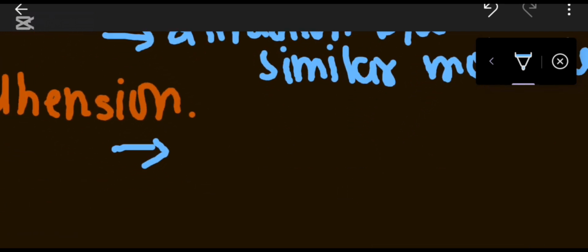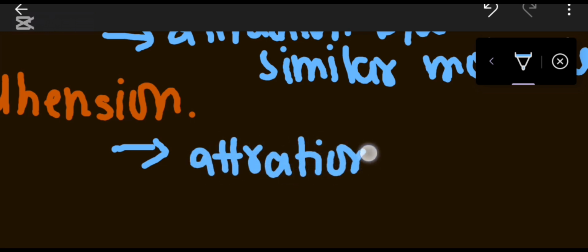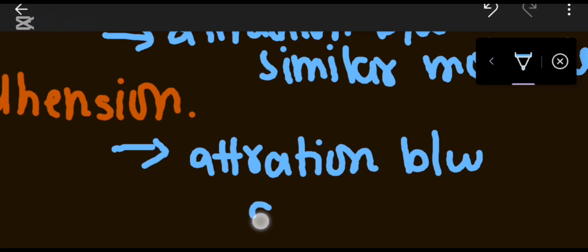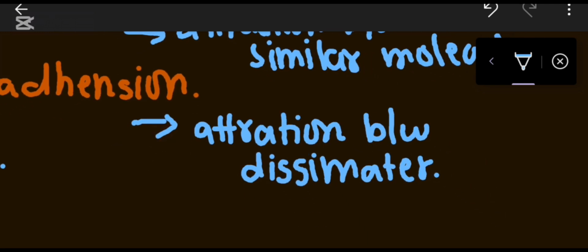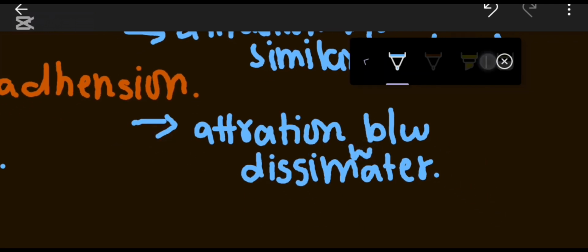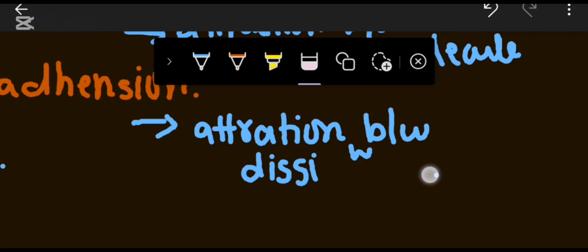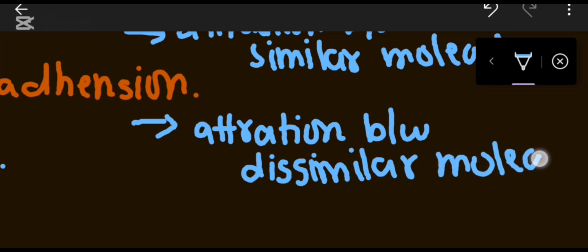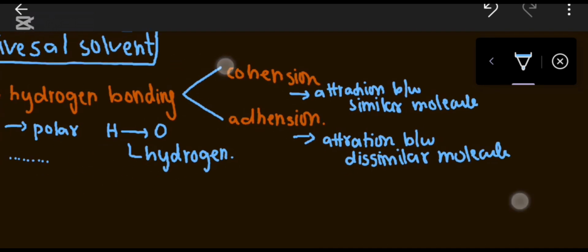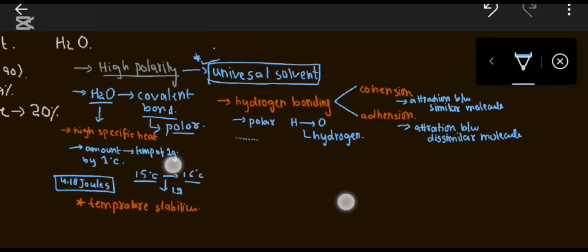Adhesion is the attraction between two dissimilar molecules. For example, the attraction of water with the non-polar xylem wall is known as adhesion. So these are the two properties due to the hydrogen bonding of water.